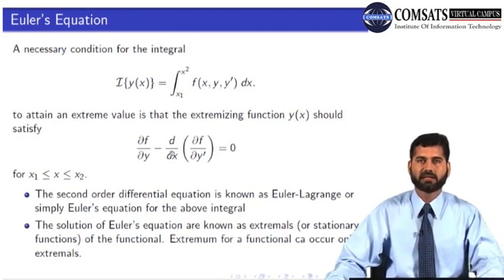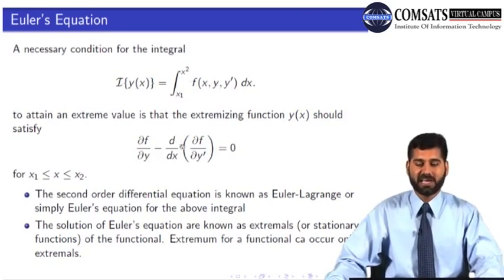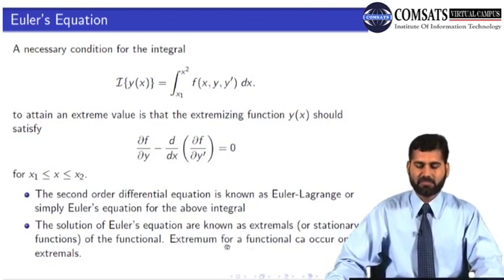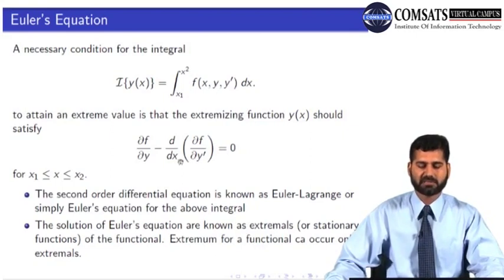The solutions of this differential equation give you the extremals of this integral. So if you just solve this equation, you will get the extreme values, the maximum or minimum, whatever you are looking for. Extremum for a functional can occur only on extremals.